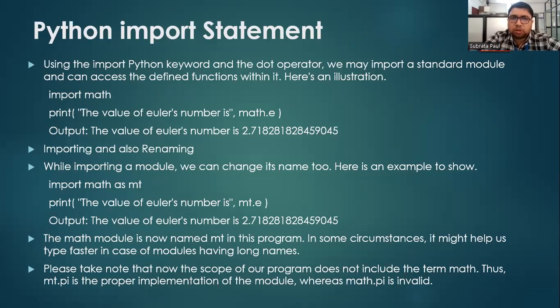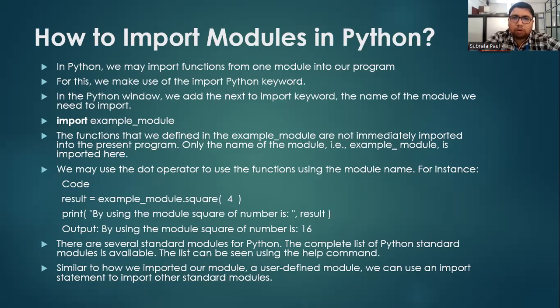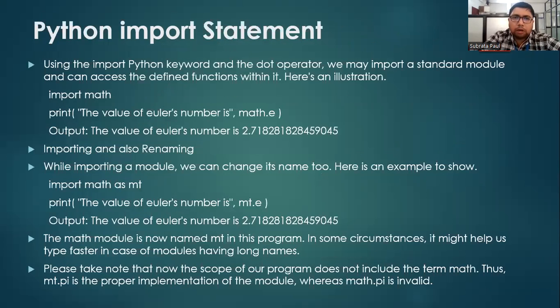We have also seen in the previous example how we import, and now we will focus on the import statement in a deeper way. Using the import keyword and the dot operator, we can import the standard modules and access the functions defined within them.